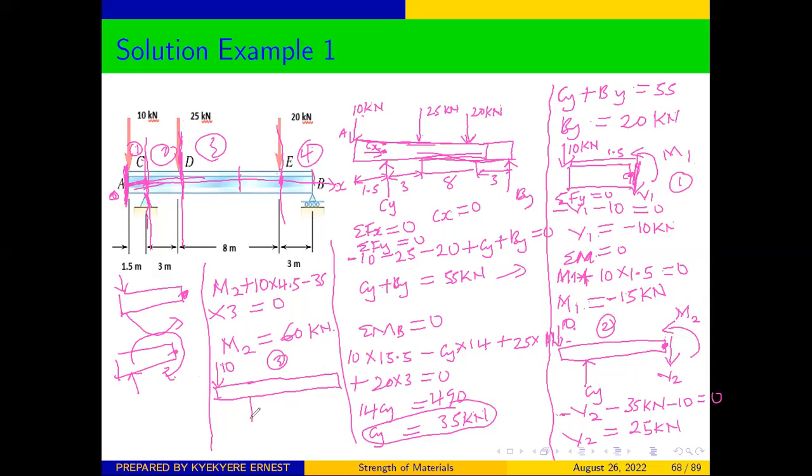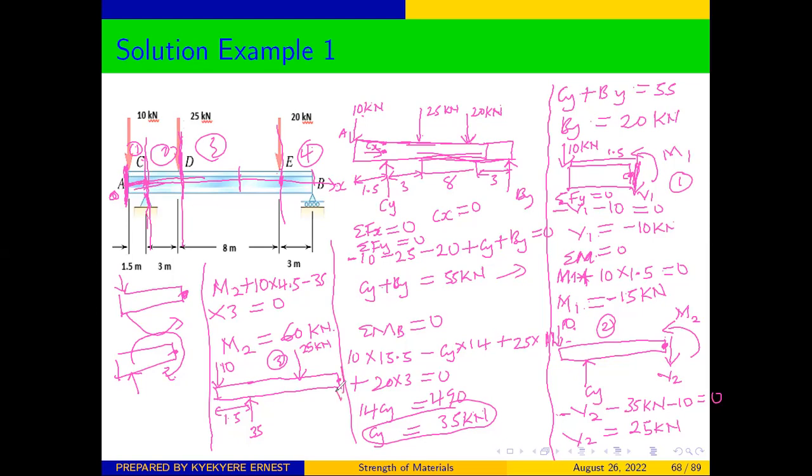We have our CY, which is 35, applied at the distance of 1.5. And then we have now the force at D, which is 25 kilonewtons. And this is where we are taking our moment.